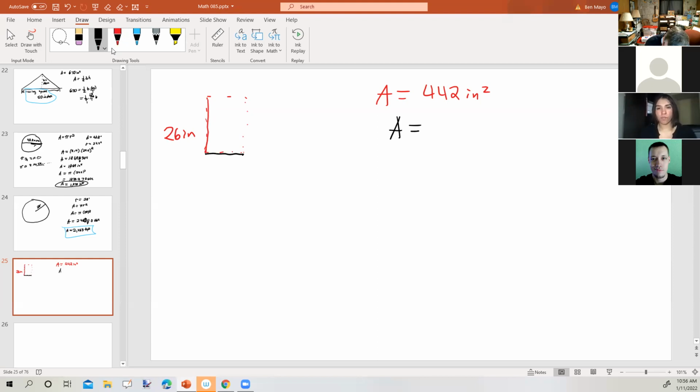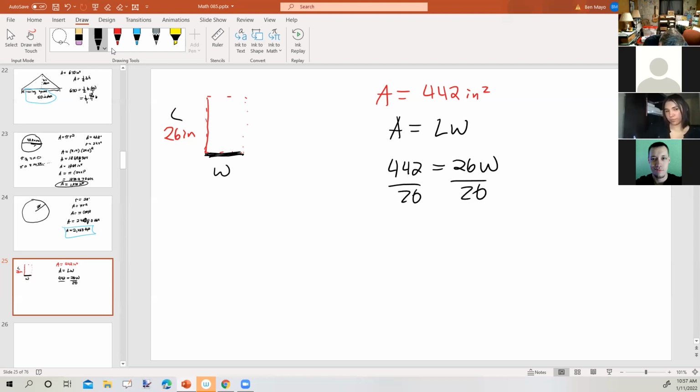The area of a rectangle is length times width. So 442 equals 26 times W. Now, we could get into a discussion about whether the 26 inches is the length or the width, but they asked for the width of home plate, so this would be the width and that would be the length, okay? Dividing both sides by 26, whoops.